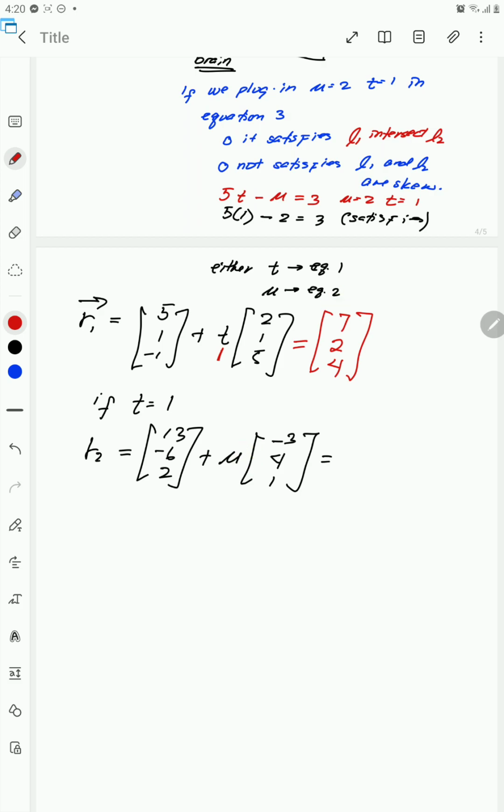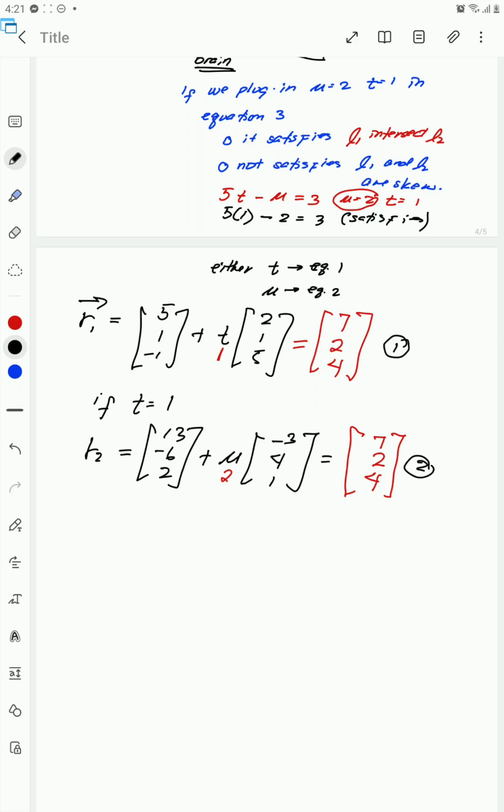Yes, the mu is 2. So therefore, 13 plus negative 6, that is 7. Negative 6 plus 8, 2 times 4 is 8, that is 2. 2 plus 2, that is 4. As you can see from here, even if you use equation 1 or equation 2, the answer will be the same.